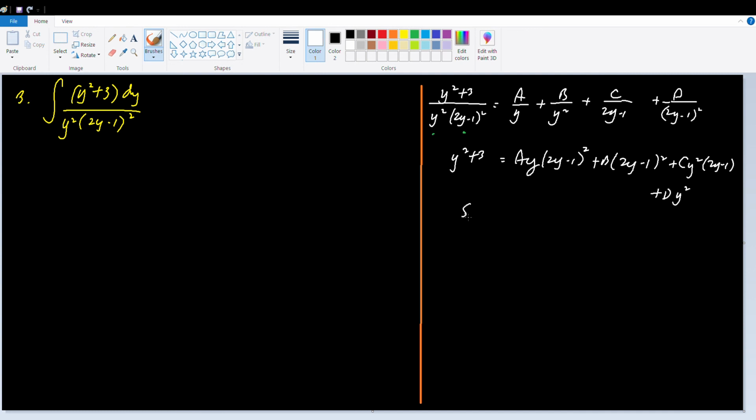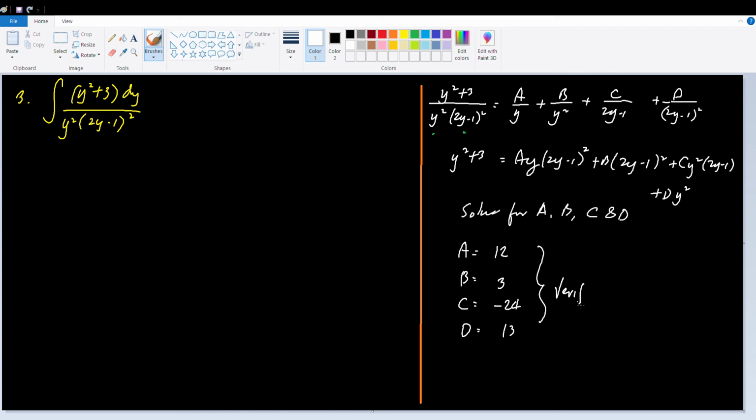So you solve for a, b, c, and d. Now, these are supposed to be the values, so you just verify. Your a will be equal to 12, b is 3, c is negative 24, and d is 13. So you verify.